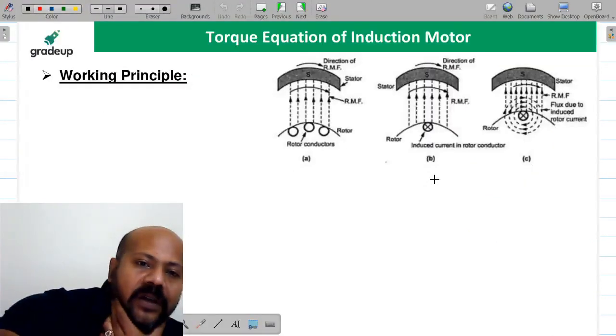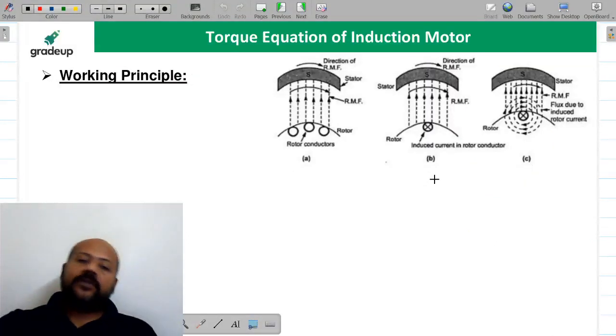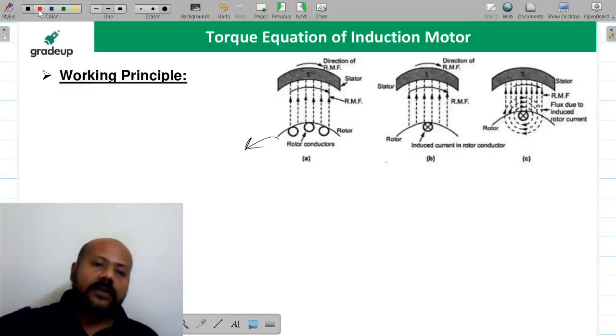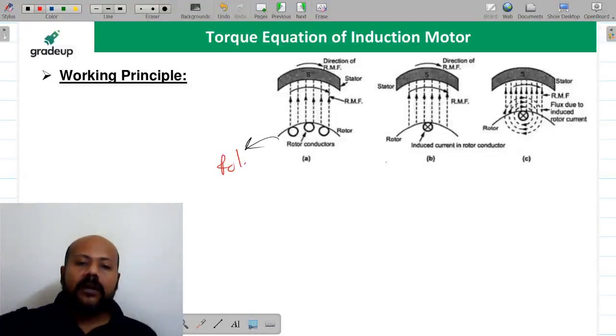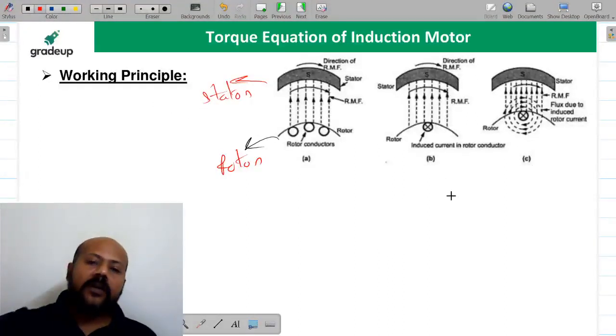Now, if you want to understand from here the working principle of the induction motor, you can understand. Suppose this is your stator, and suppose this is your rotor. This is your rotor, and this is your stator. The same thing that I was telling you.